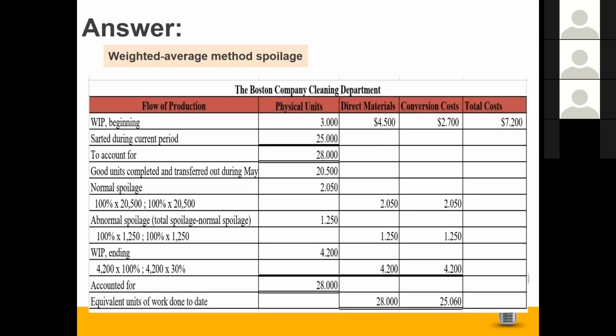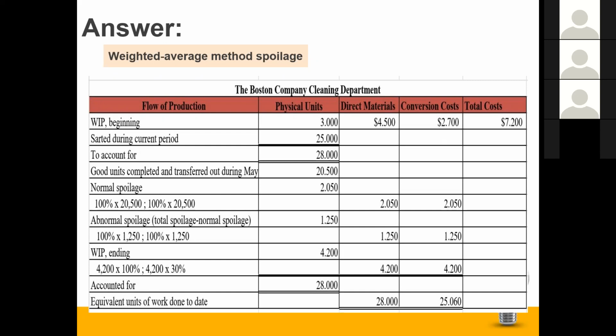The answer is weighted average method spoilage, the Boston Company cleaning department. Flow of production. WIP beginning physical unit is 3,000, and direct material is $4,500. Conversion cost is $2,700.